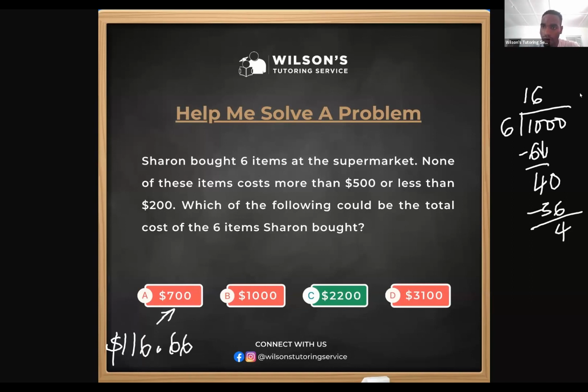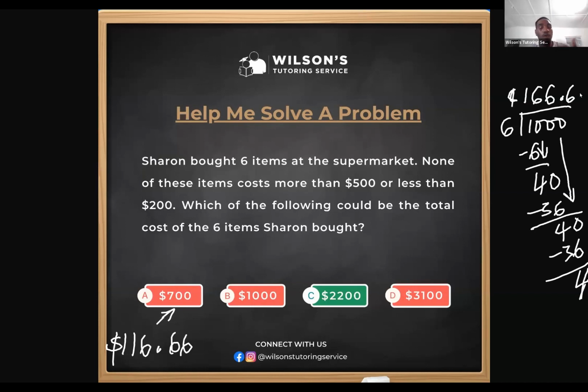I'm gonna have 4 left. Bring that down. 6 into 40 goes 6, and then I'm still gonna have 4 left. So I'm gonna get another recurring decimal and it's gonna give me 6s right through.